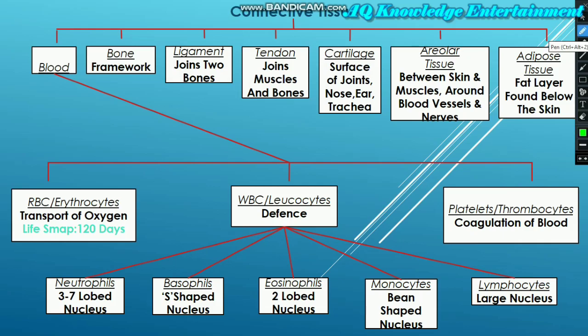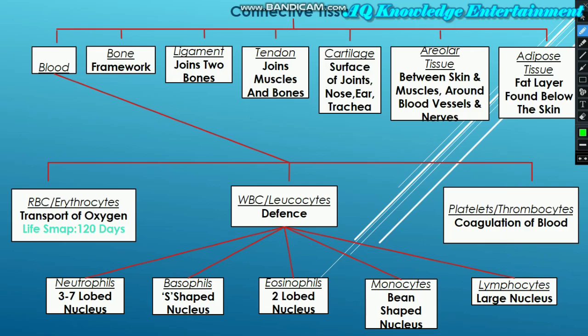The next type of connective tissue is the cartilage. Now cartilage has widely spaced cells, meaning that they have large intercellular space. The solid matrix is composed of proteins and sugars. So by this we can know that the cartilage also has a solid matrix, that means solid material, same as the bone.